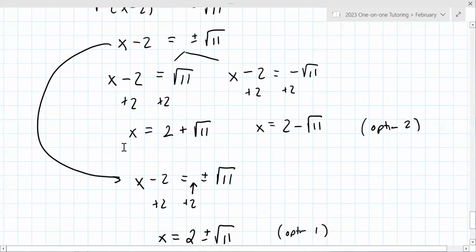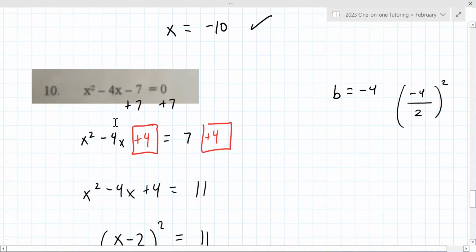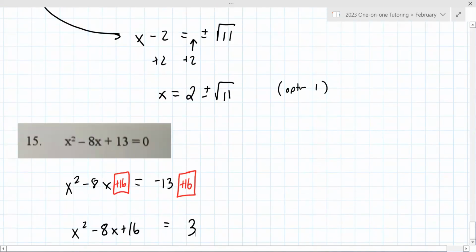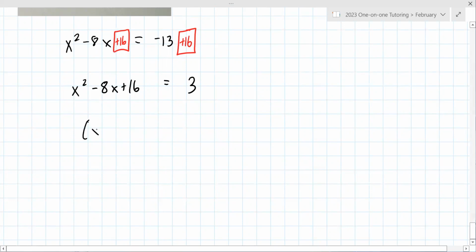So let's look at the previous one. How does this number minus 2 relate to minus 4? Oh, it's divided by 2. Yes, it's always b divided by 2. So it'd be negative 4. x minus 4 squared equals 3.